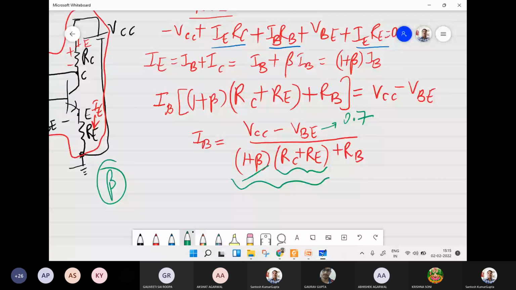Circuit parameters RC, RE may be given to us, and we need to find out IB. Once we find the value of IB, we can find the IC, we can find the IE also. So all these currents are known to us as soon as we find the value of IB.